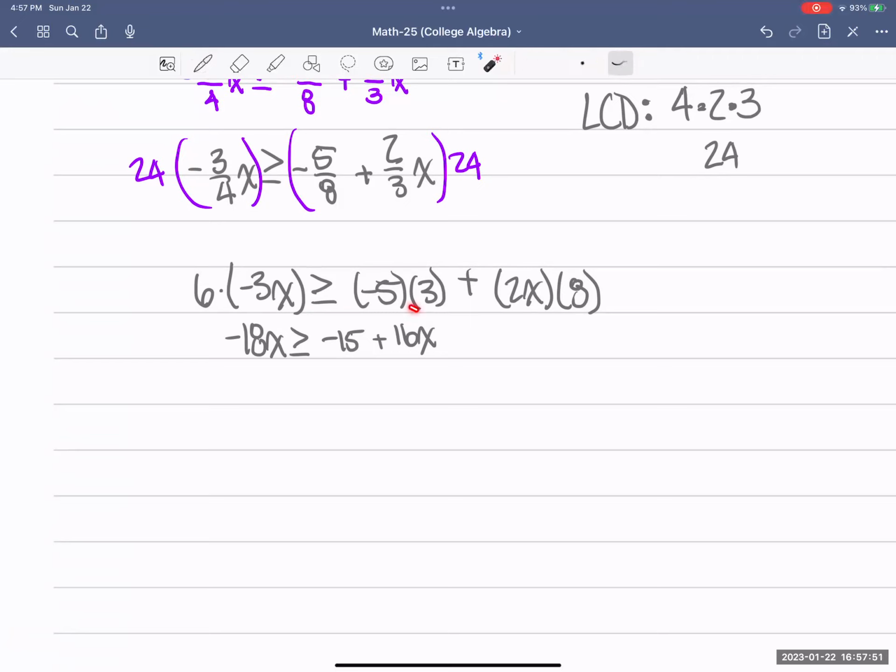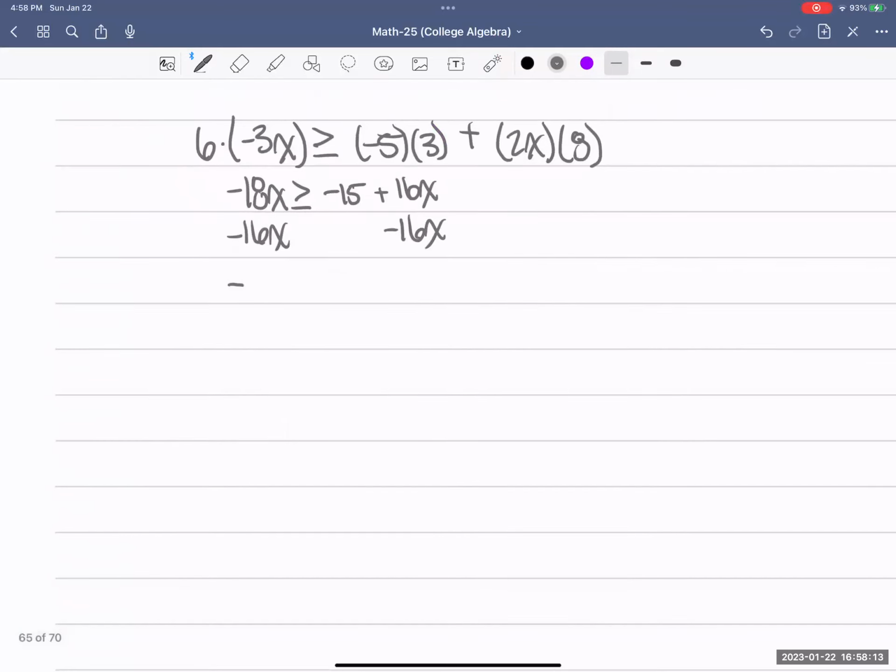So moving this value over to the left side, subtract both sides by 16x. We're just subtracting, we're not multiplying just yet, so we leave the sign just the way it is for right now. That gives us -34x greater than or equal to -15.